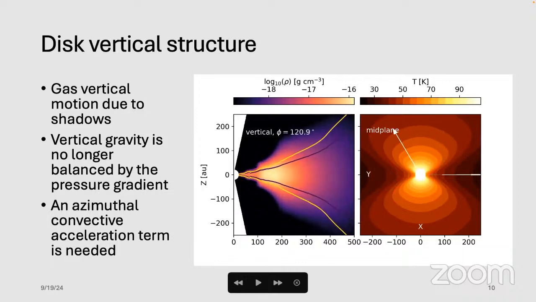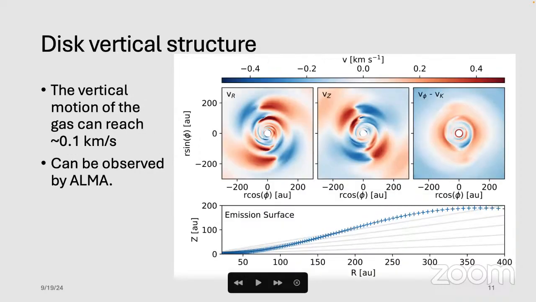And this has strong implications for observations as well, because in recent observations, like Andrews introduced, the exoALMA observations, we can see the velocity of the disk in very high resolution. So we measure the three components of the velocity of our simulations at the emission surface of our disk.